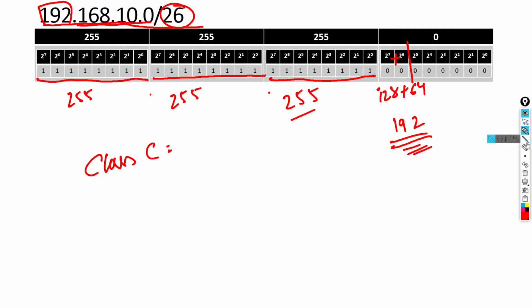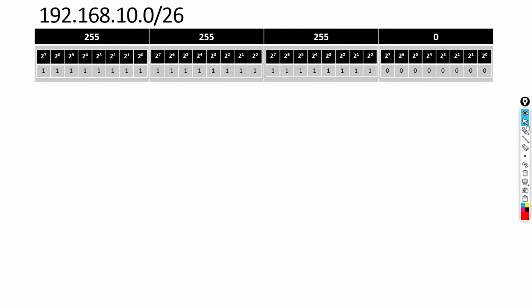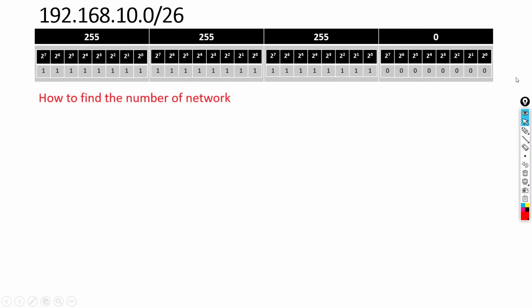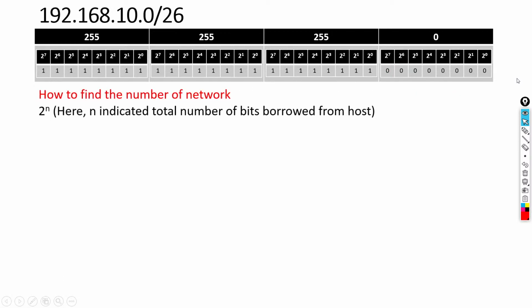Clear? Now let's go forward and understand, from this particular address, how many networks you are able to create. How to find the number of networks? The formula is 2 to the power n, where n indicates the total number of bits borrowed from the host. In this section, how many bits have we borrowed from the host?